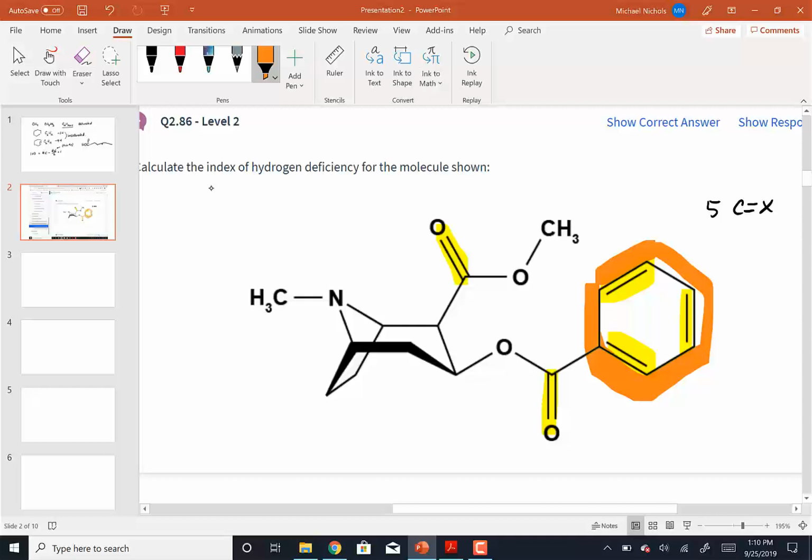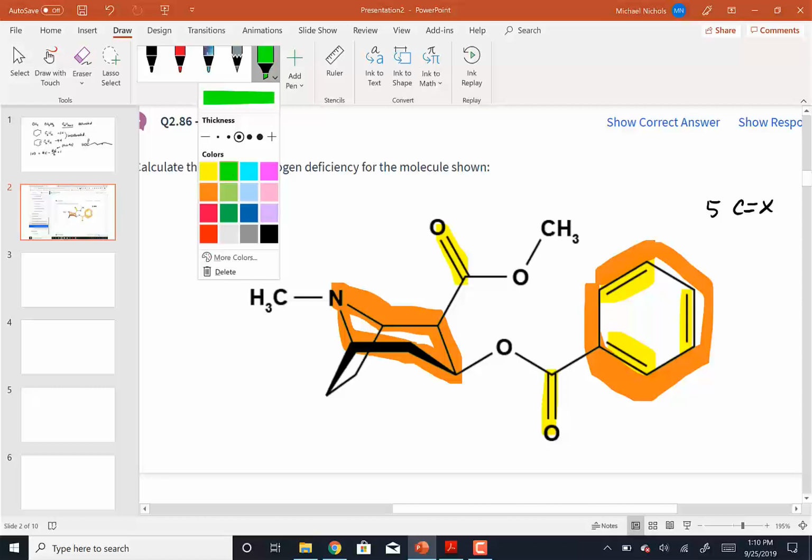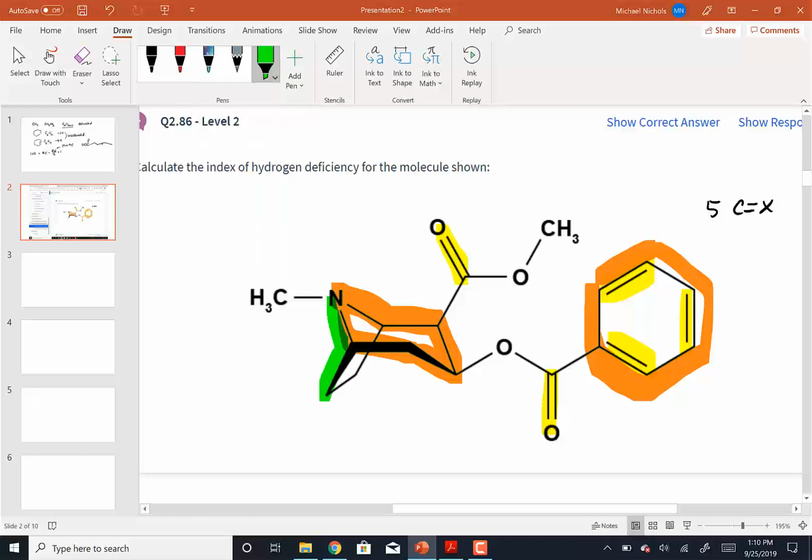And then how do we handle the bicyclic compound? If it's bicyclic, how many rings is it made of? It's not tricyclic, it's not monocyclic, it's bicyclic, so there would be 2. If you wanted to see those 2, this is 1 ring, and then on the other side, the nitrogen, then down here, that would be the other one, and 2 of the sides are shared by both rings.